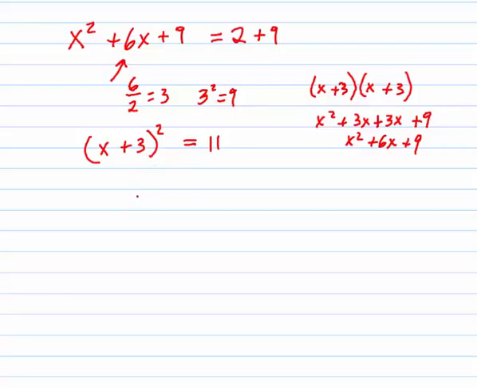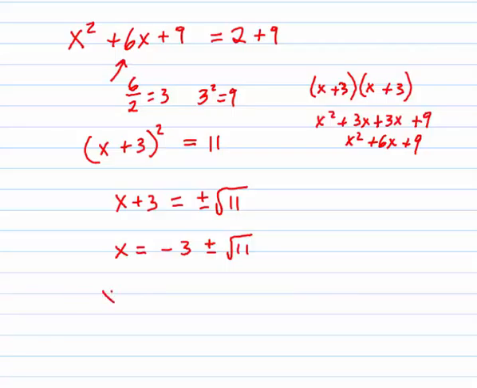Now what do we do? Well, we take the square root property, so x plus 3 is equal to plus or minus the square root of 11, right? That's not a perfect square, but that's fine. So then x, we subtract 3 from both sides, is minus 3 plus or minus square root of 11.